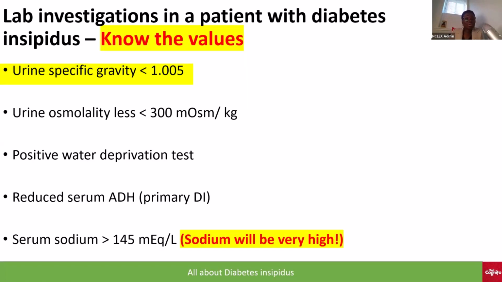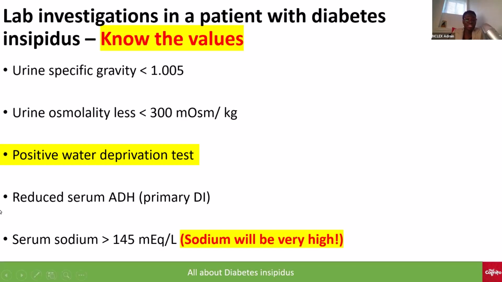And the same with osmolality. Too much urine being produced, so the osmolality will be very low. It's going to be less than 300 milliosmol per kg. So know your values. And there will be a positive water deprivation test. We deprive the client of water to see if the client will be able to concentrate the urine.